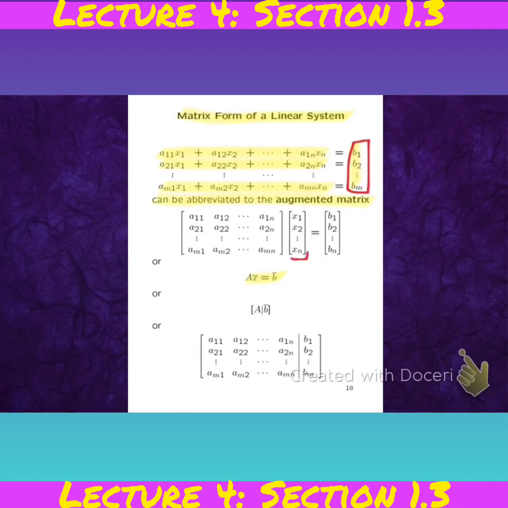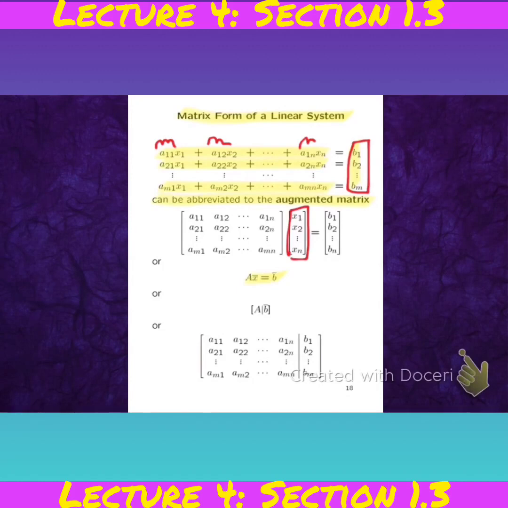X is also a column vector, right? And the matrix A is just formed by the coefficients of all the terms.